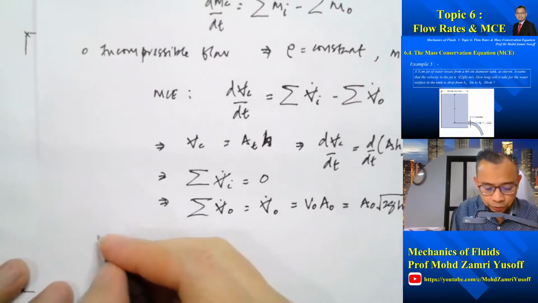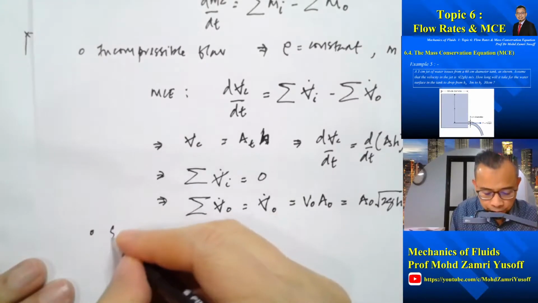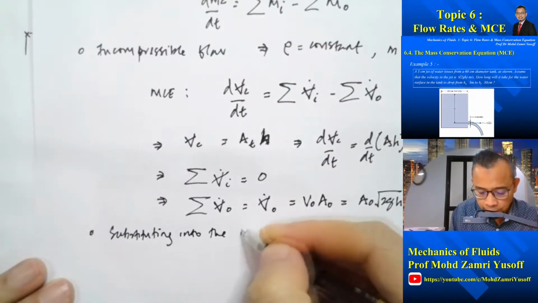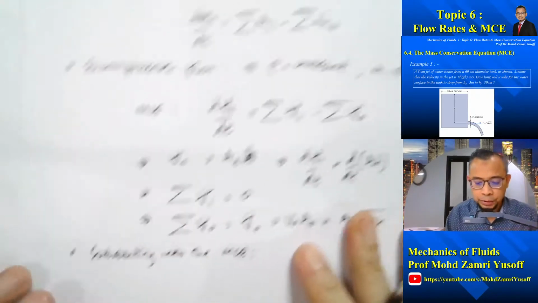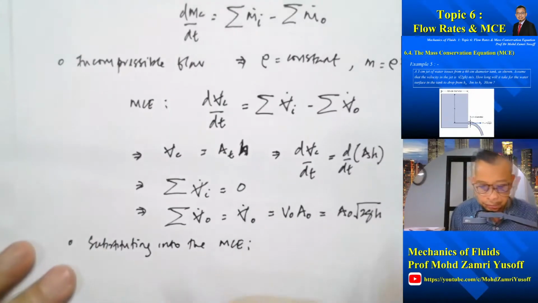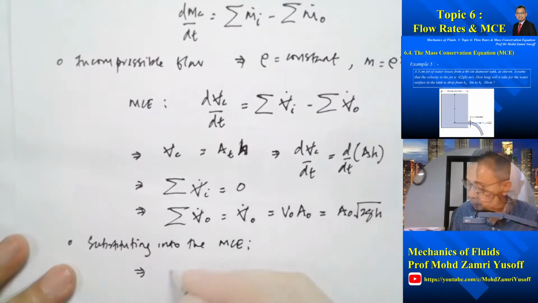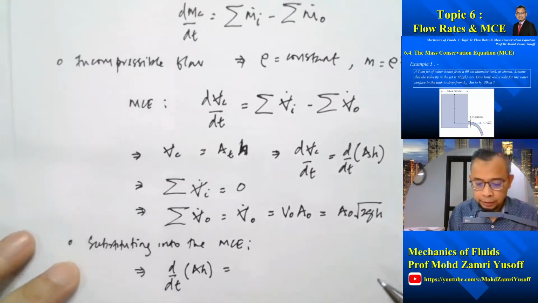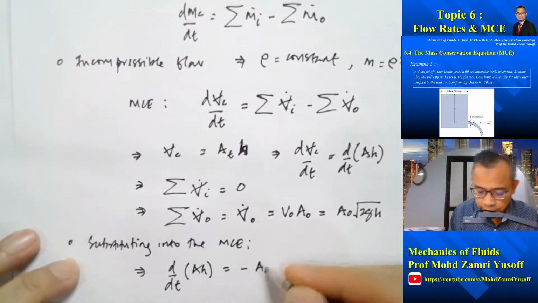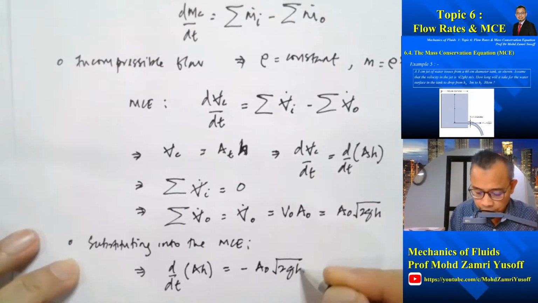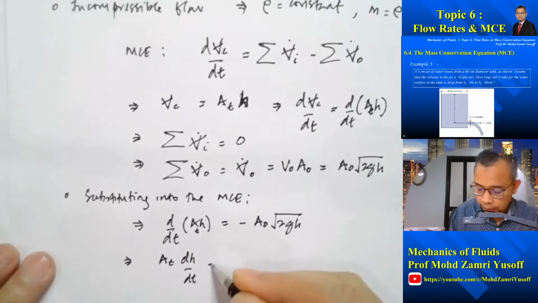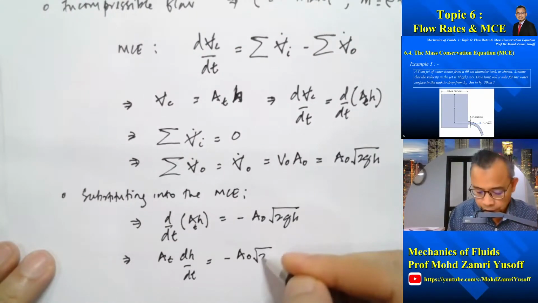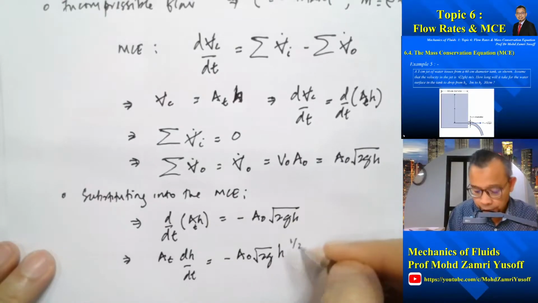Now we can substitute into the mass conservation equation. This gives us d by dt of At h, and this must be equal to minus a naught root 2gh, which is minus a naught root 2g h to the half.